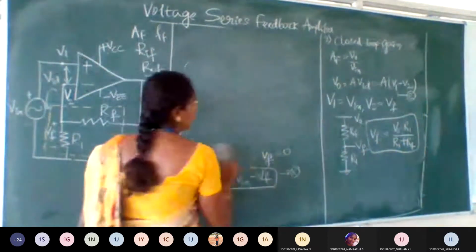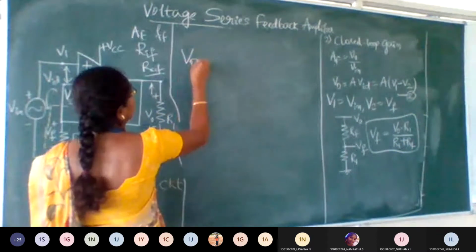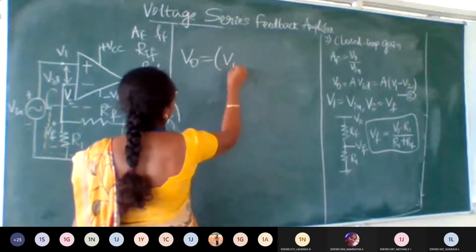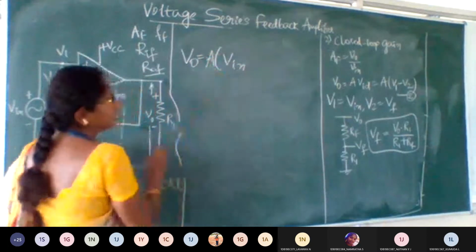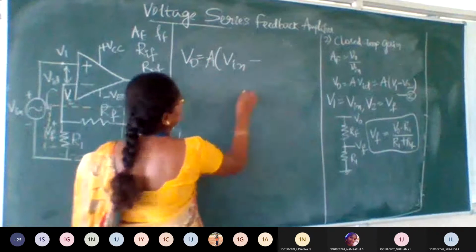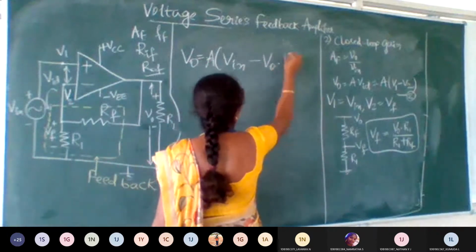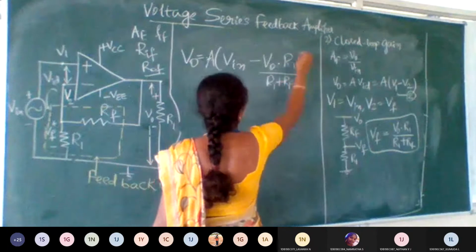So substitute the values of V1 and V2. So V0 is equal to A into V1, which is Vin, minus V2, which is V0 into R1 divided by the sum of the resistances, that is from the voltage divider.